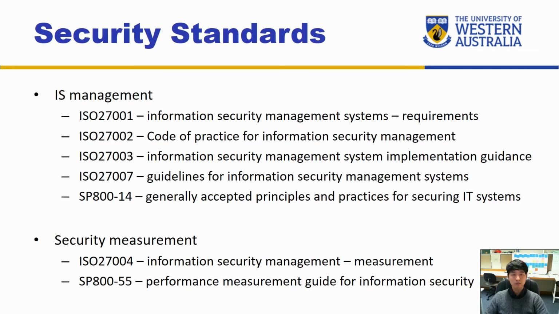And in terms of the security measurement, measurement is very important for evaluating the security posture and risk assessment. ISO 27004 specifies the security management measurement aspect. For the NIST, it's the 55, the performance measurement guide for information security.